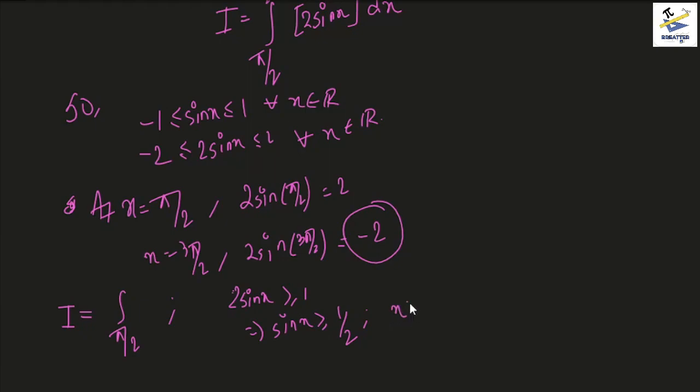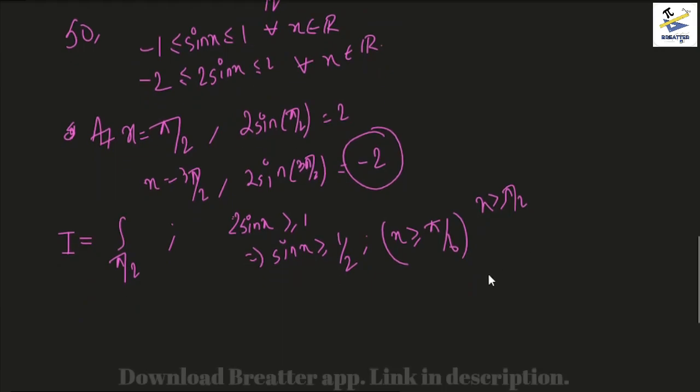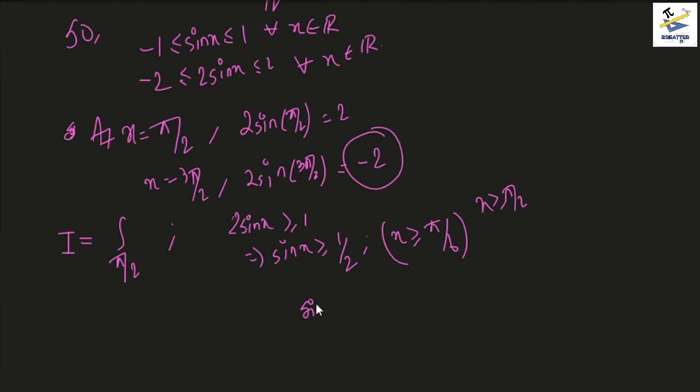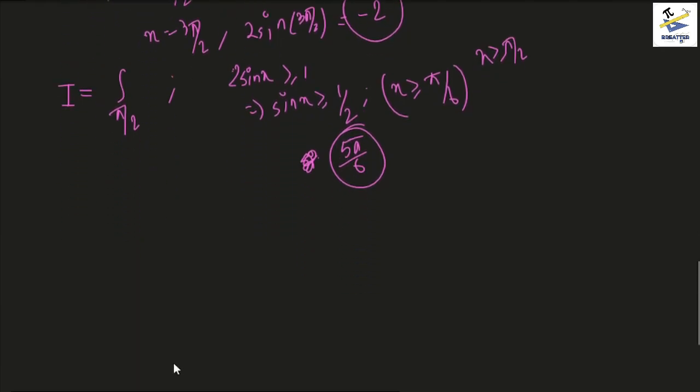Obviously x greater than or equal to pi by 6 will work, but since x is already greater than or equal to pi by 2, we know that the minimum is 1, and we need to find an interval where it is less than 2, right? So we see that 5 pi by 6 is such a number, and using that we can in a similar way find all the other intervals.